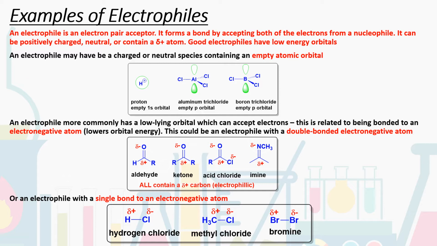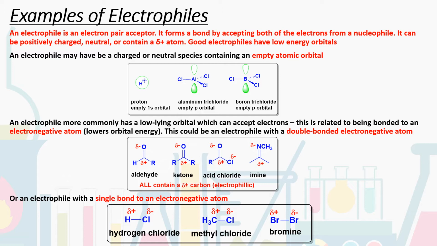And converse to the nucleophiles, which were good if they had high energy orbitals, good electrophiles have low energy orbitals. For good orbital overlap, we typically look at the highest orbital of our nucleophile interacting with the lowest energy orbital of our electrophile. Typically these are very well matched in terms of energy, and therefore we get good overlap of orbitals.